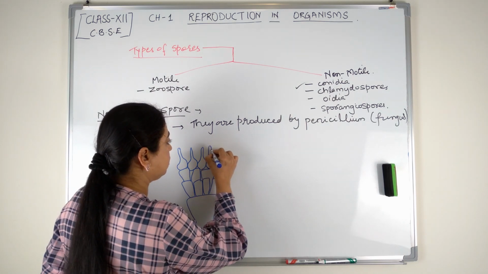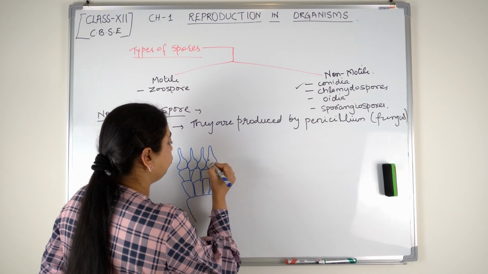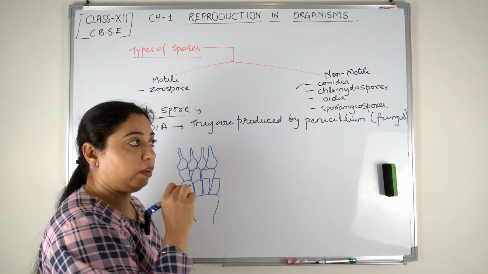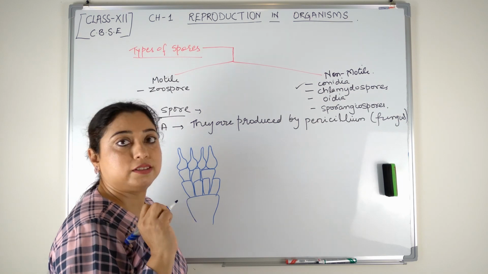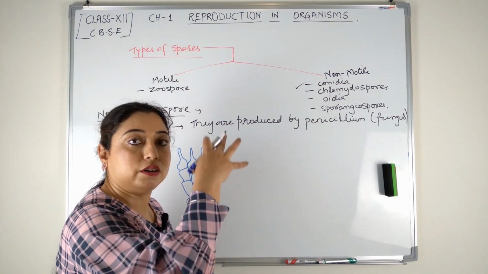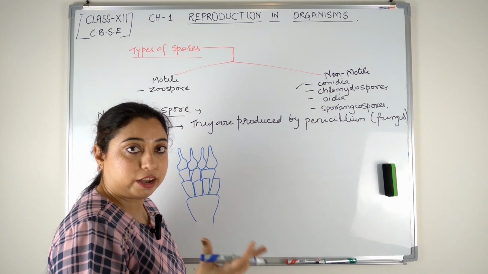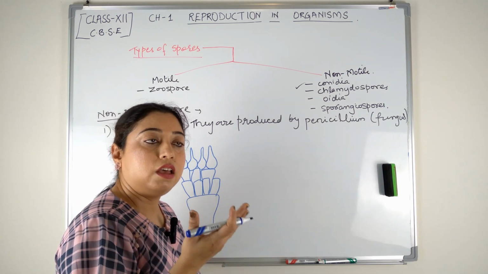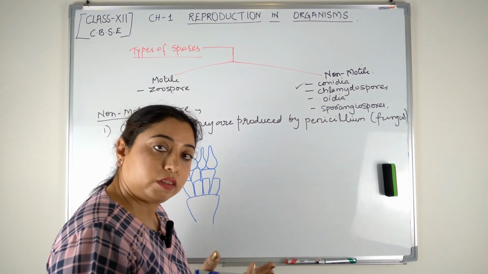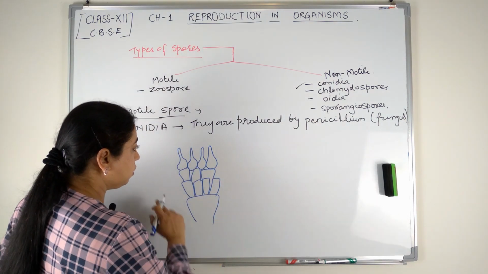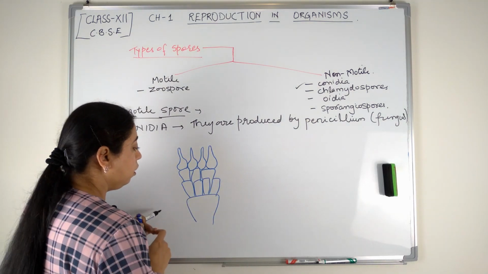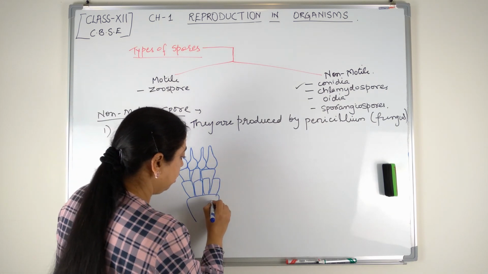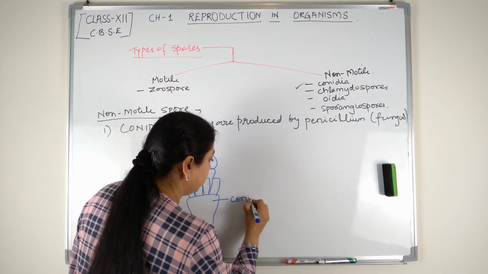As you have studied in class 11, the fungal body is made up of a large number of filamentous structures, and each filament is known as a hypha. The group of hyphae which forms the body of a fungus is known as mycelium. So this is the structure of Penicillium. These different types of hyphae are known as conidiophores.